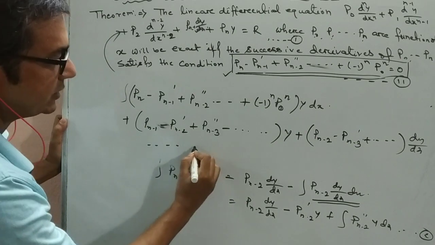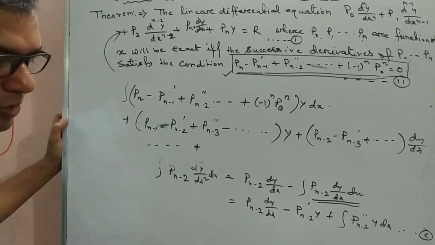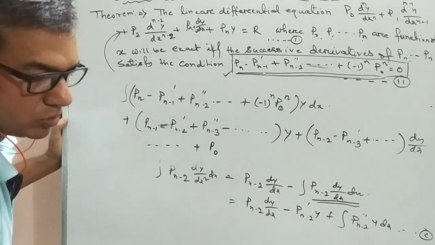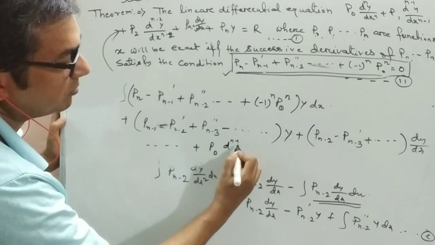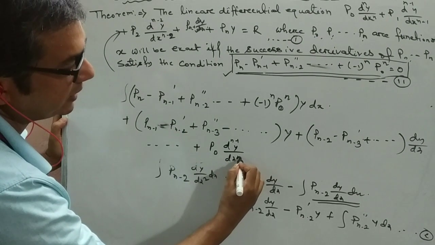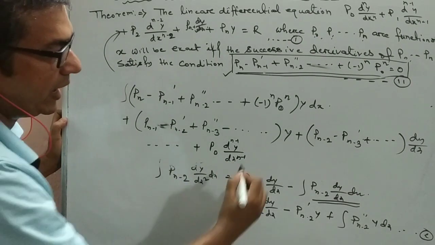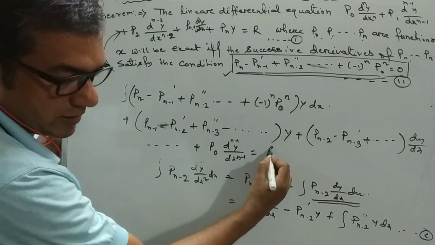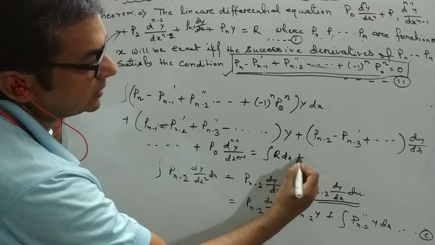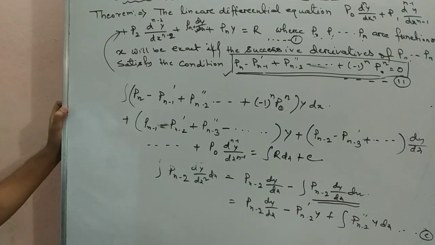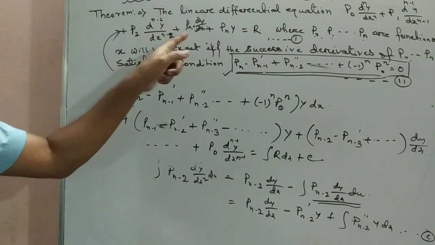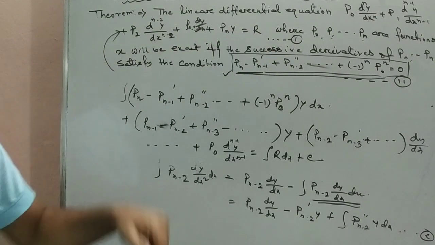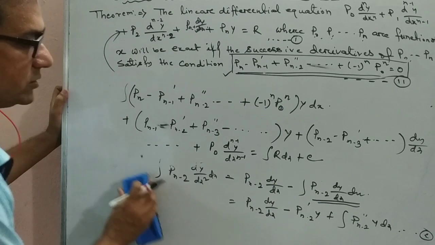We get the last term of the left hand side as P_0 d^{n-1}y/dx^{n-1}, and the right side is given by the integral of r dx plus c. Because here is also an integration, we integrate r dx plus an integrating constant.